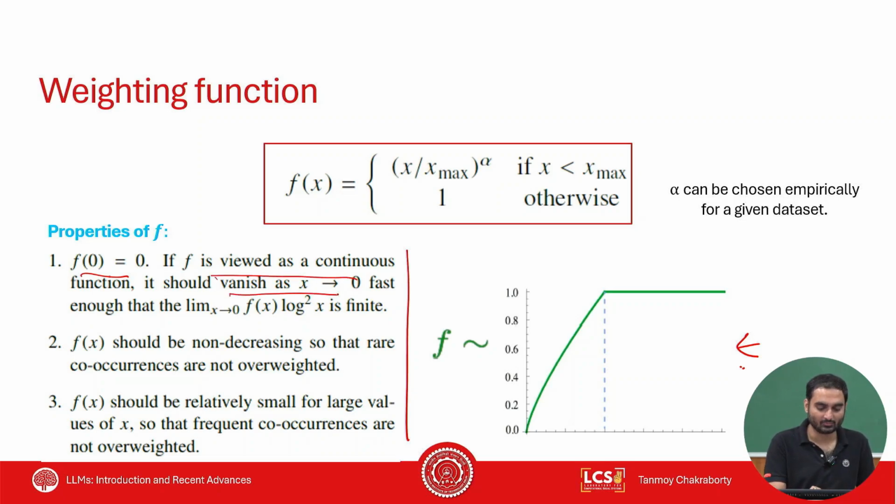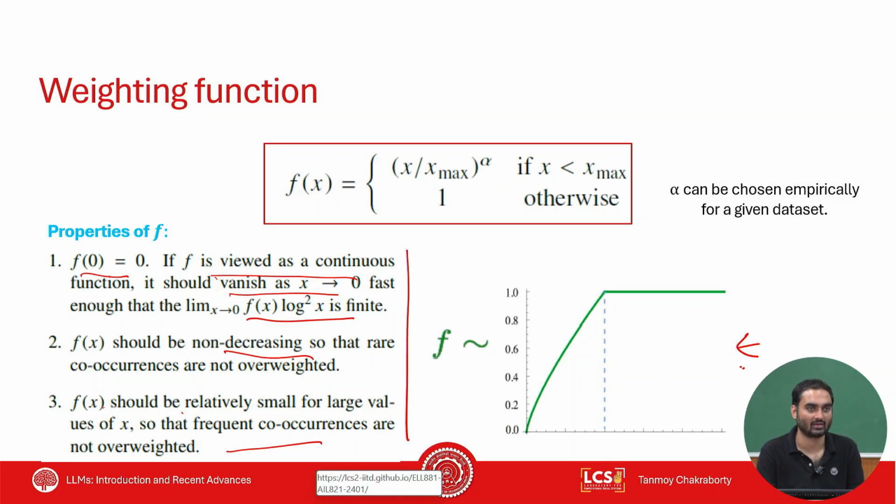And as you move towards 0, this would be finite. That's property 1. Property 2 is that it should be non-decreasing. It will never decrease with the increase of co-occurrence, right? And the third property says that the value of this function should be relatively small for larger values of co-occurrence.